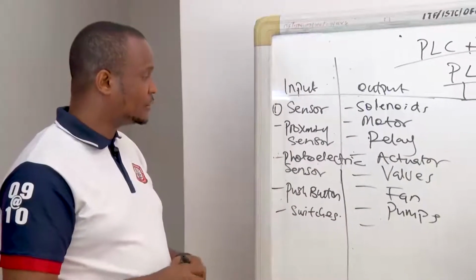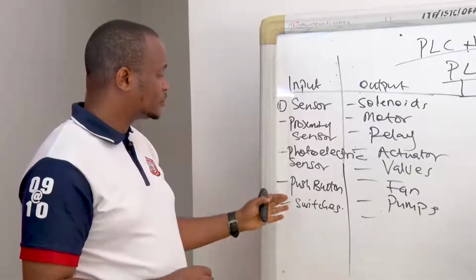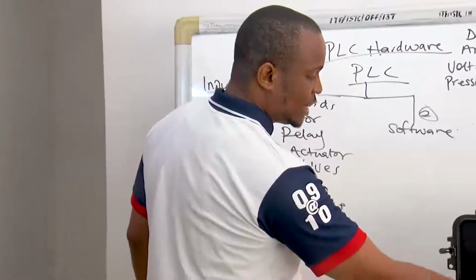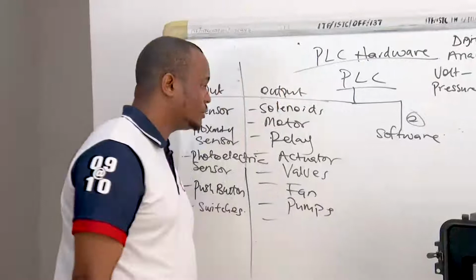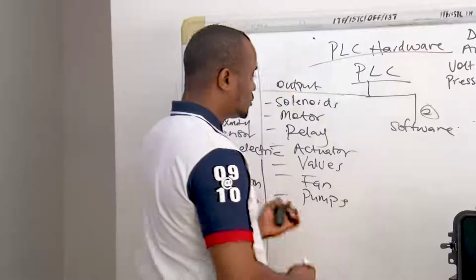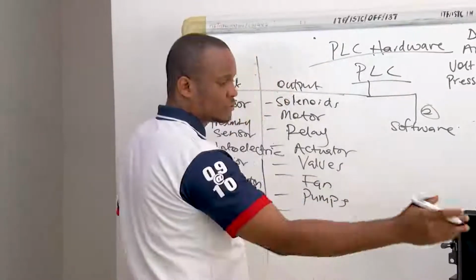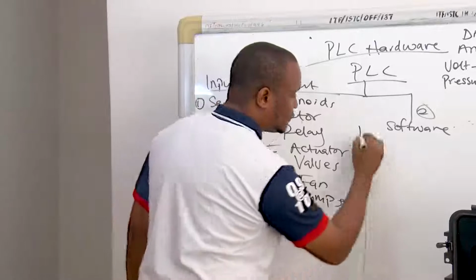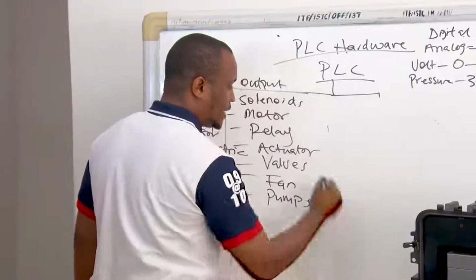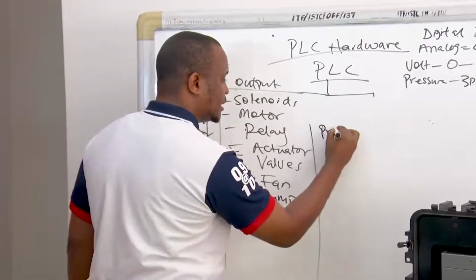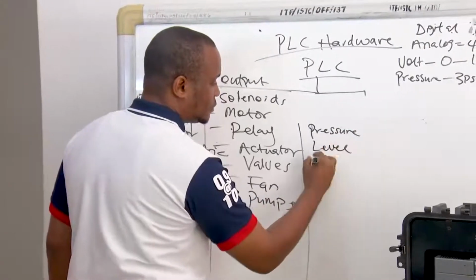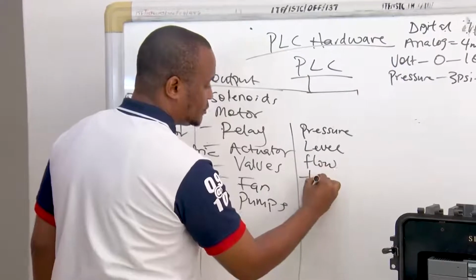So the next thing we shall look at, like I said, are the devices that will be connected to the digital input and digital output. Some cannot be connected to these, but rather to the analog modules. Some of them are process variables, like pressure, level, flow, temperature.